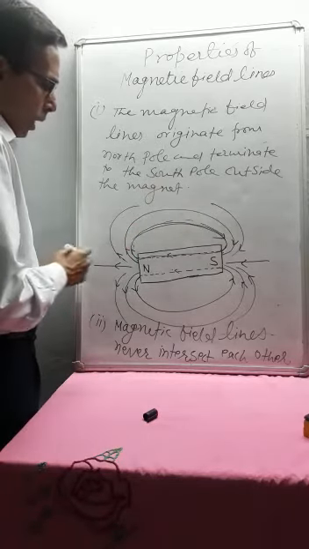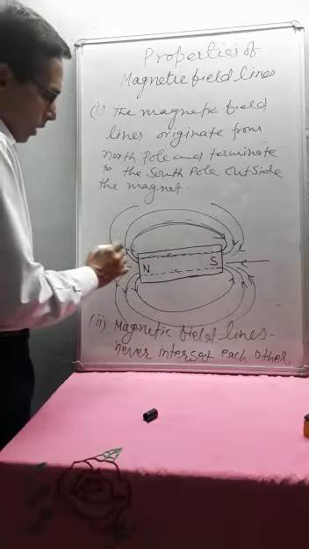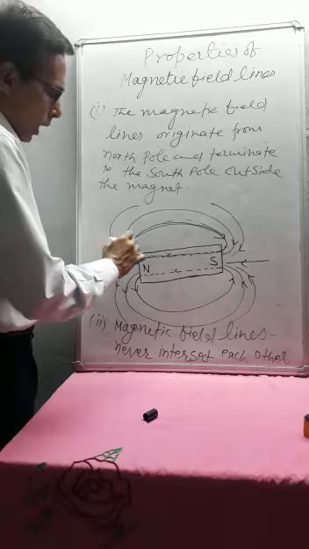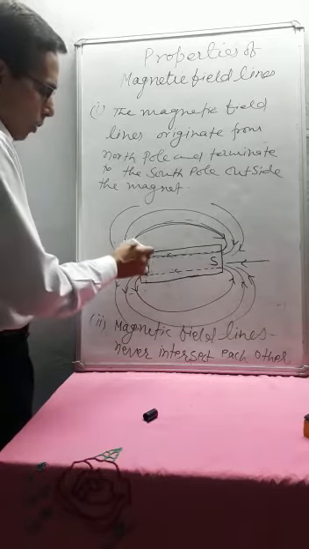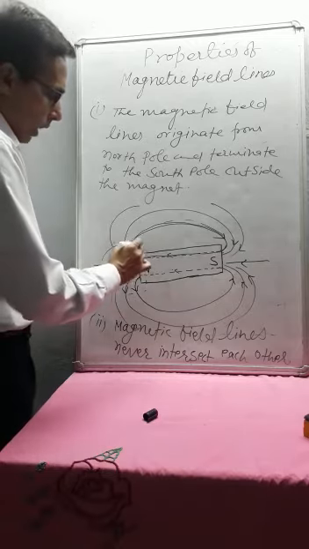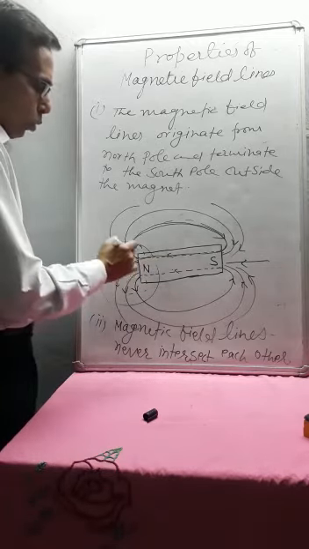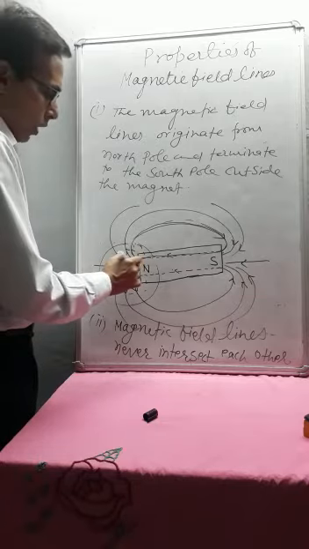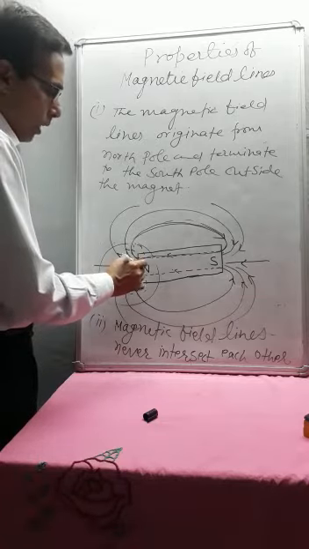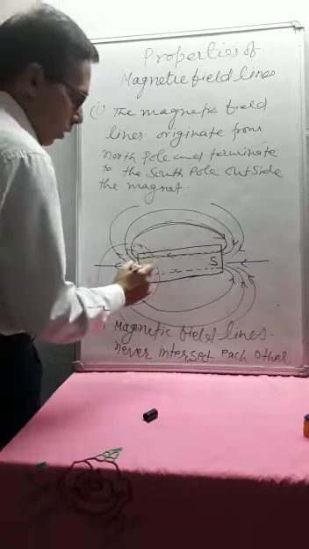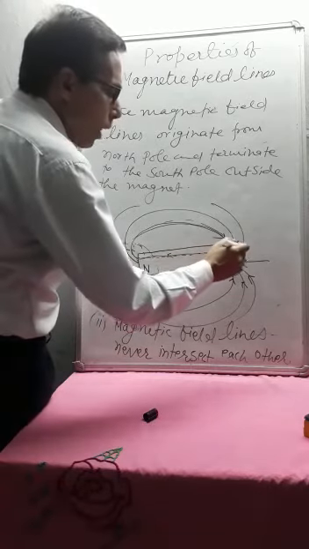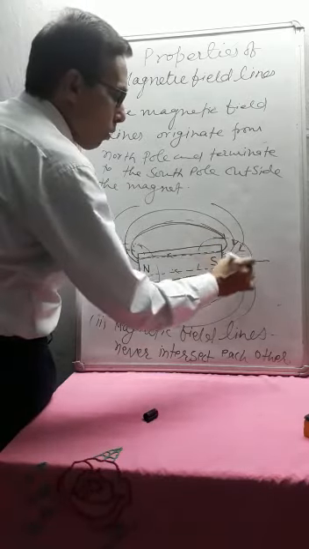Fourth point, magnetic field lines are closer near the poles. As we see here, the magnetic field lines are closer near the poles, so the strength of magnetic field is stronger near the North Pole and also at the South Pole.